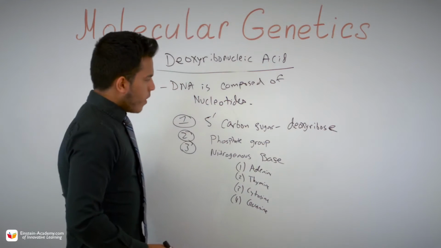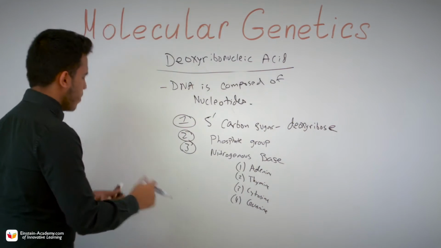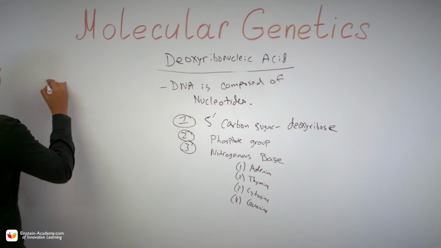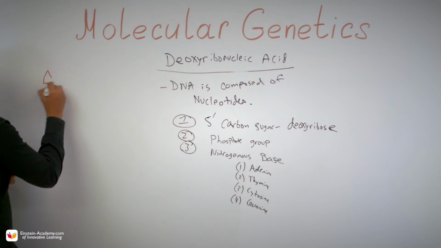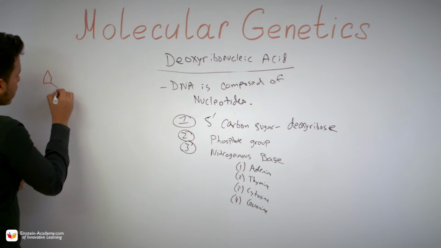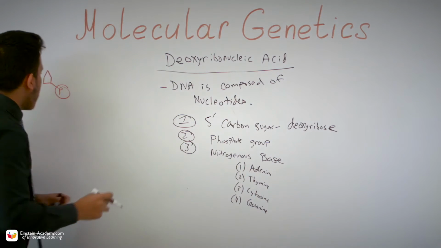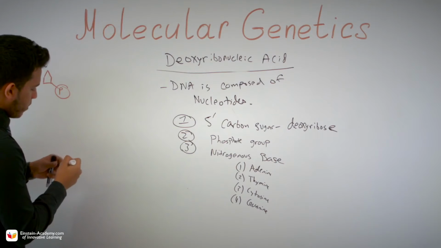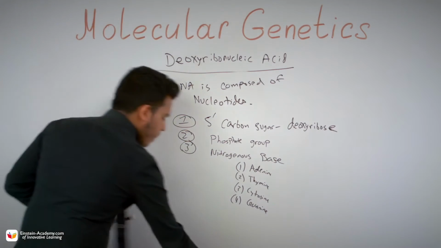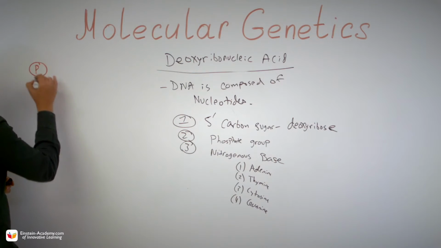I want to draw this out because it's going to help us understand in a better manner. Here's my 5-carbon sugar, and it's connected to a phosphate group. We'll label it as a P. Actually, let me redraw this. I'll put the phosphate here, doing it for a specific reason.